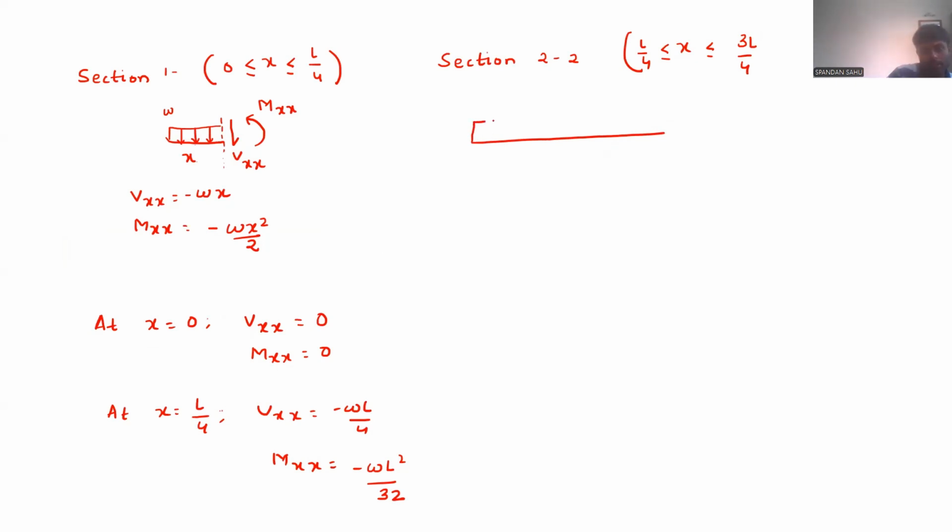So this time the UDL will be there along with a reaction of WL by 2 at joint C. So here you have cut a section, so the internal reaction will again be the same, VXX and MXX. Now, tell me the equation for VXX for this section 2.2. It will be W into X minus W into X plus WL by 2.